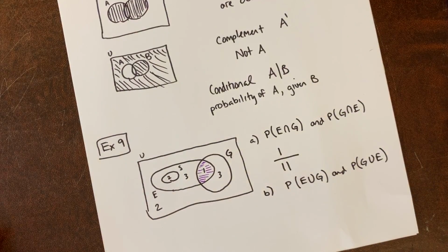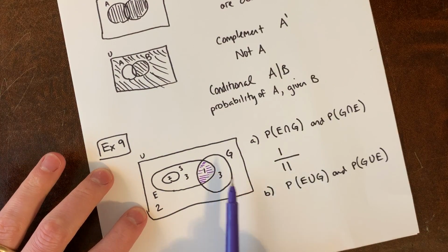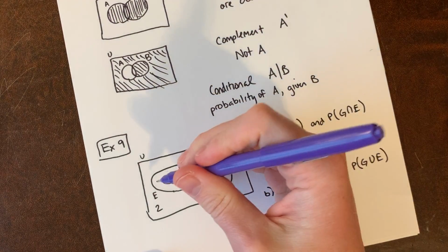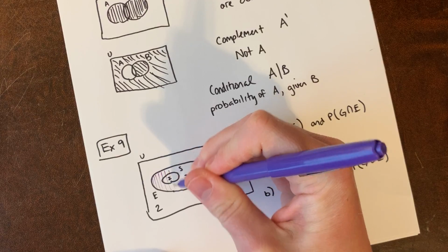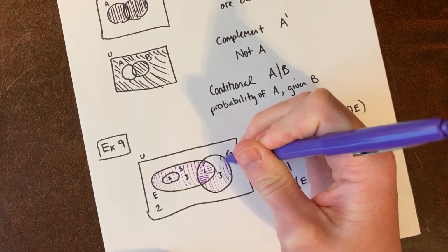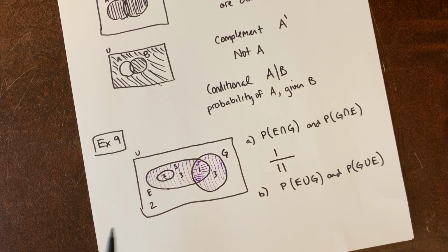Okay, the union is going to be anything that satisfies E, anything that satisfies G. So if I were going to shade this one in, it would end up being everything in my Venn diagram. Okay, even the stuff in S.